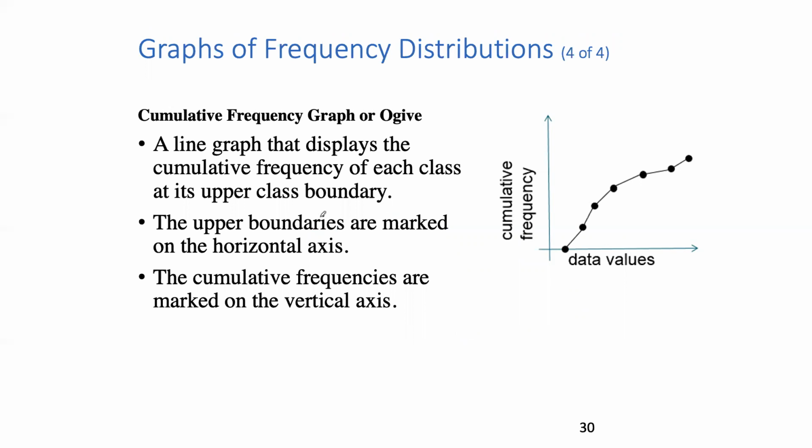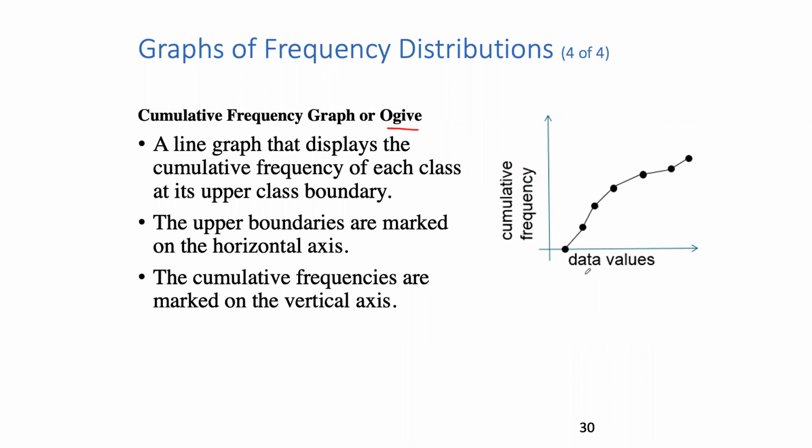The last thing that we might want to chart is the cumulative frequency graph. The graph of a cumulative frequency is also called an ogive, right? So we might want to graph how the cumulative frequency itself is changing as we move from one class to the next.